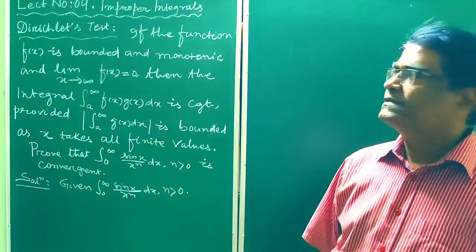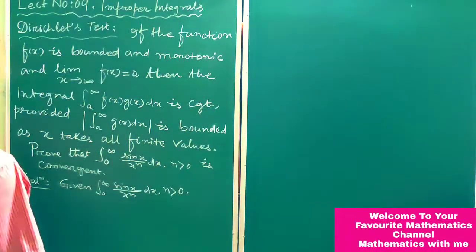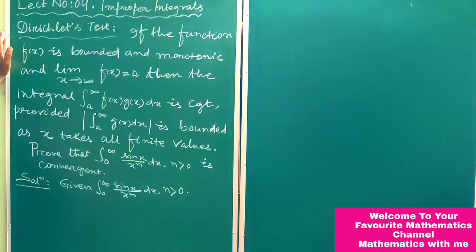In this class, our topic is improper integrals, and we have to test the convergence of an improper integral using the Dirichlet test. What is this test and how will we apply it?